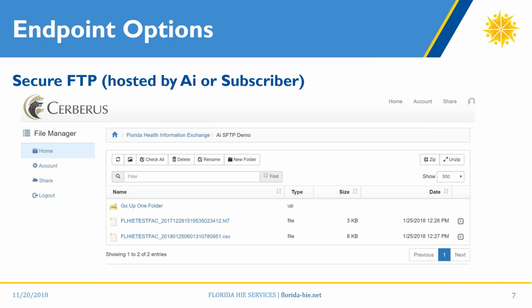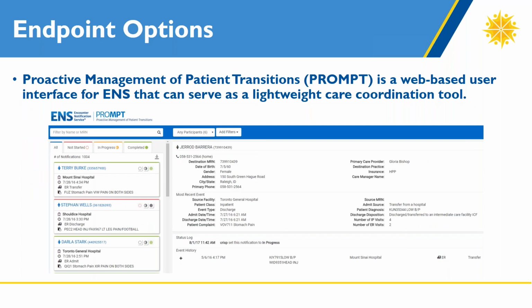And then last but not least, and what a lot of you are here to learn about today, is the PROMPT interface. You can get information, at no additional cost, through the Florida HIE's PROMPT interface. This is just a really nice, clean way to look at this information. It is a portal, so you go out to the portal.